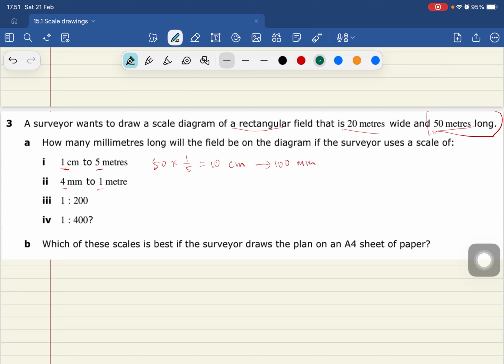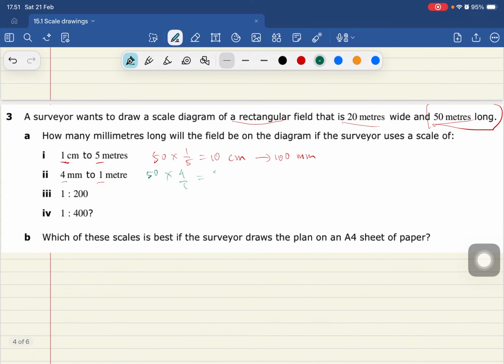Next, 4 millimeter to 1 meter, so it's 50 multiplied by 4. This equals 200 millimeter, so it's already in millimeter. Next, 1 to 200.